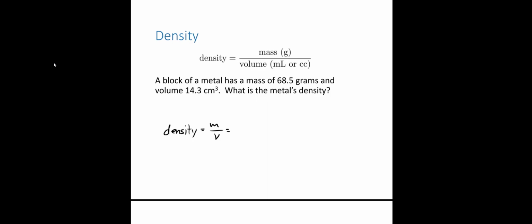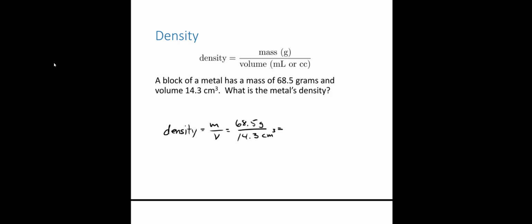So the mass is 68.5 grams, and the volume is 14.3 cubic centimeters. And that's usually the unit for volume we use for solids. So we just go ahead and figure this out.